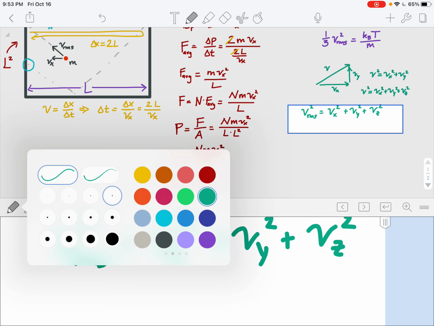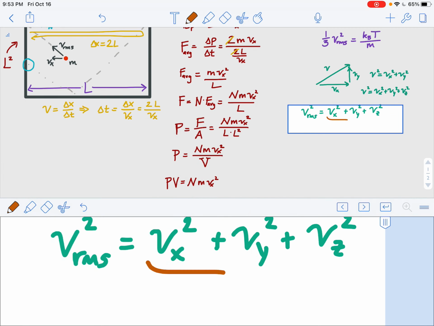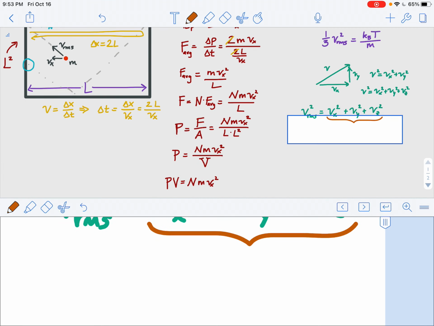But if we think about averaging these things over the trillions upon quadrillions of values, these 3, the x, y, and z, are all equal. The average z component squared is equal to the average x component squared is equal to the average y component squared, because the velocity is equally likely to be in any direction, and so they all average out to be equal to each other.